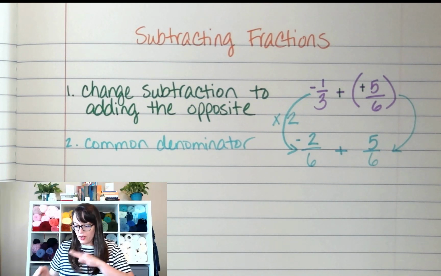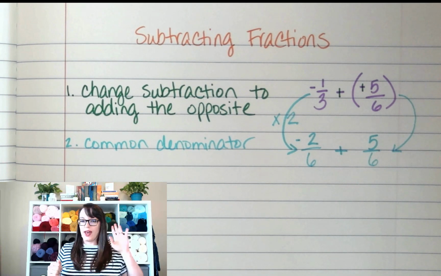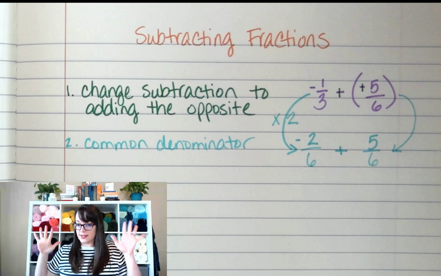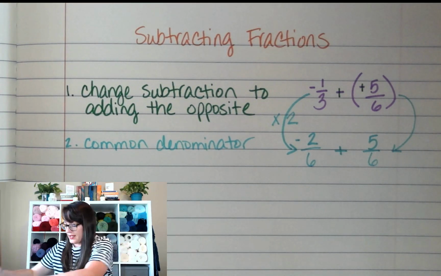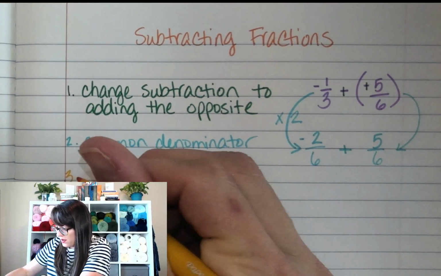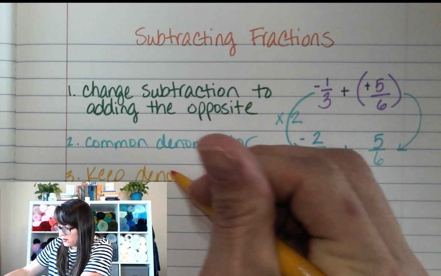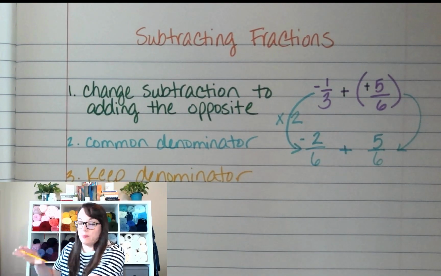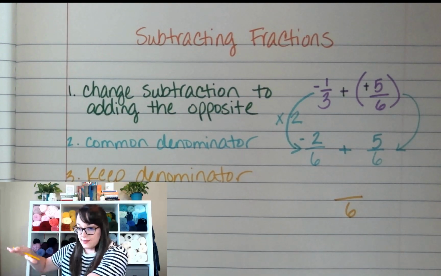Now that we have common denominators, we're dealing with sixths. So I have -2/6 and +5/6. I keep the denominator the same. Now that I have it, I keep 6.